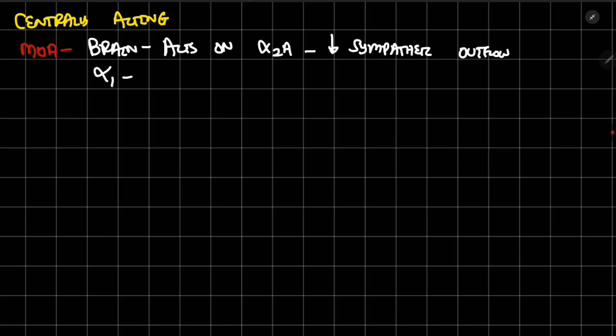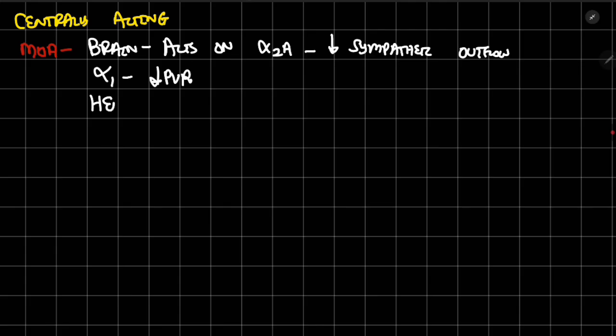We have learned about the alpha 1 receptor. Where is it present? It is present on blood vessels, and it will decrease peripheral vascular resistance.